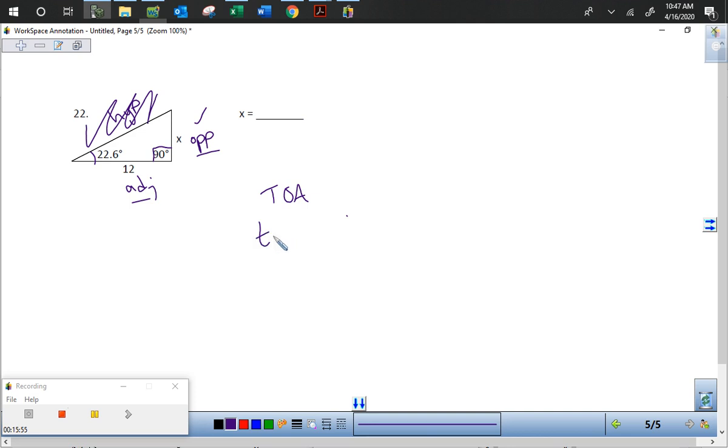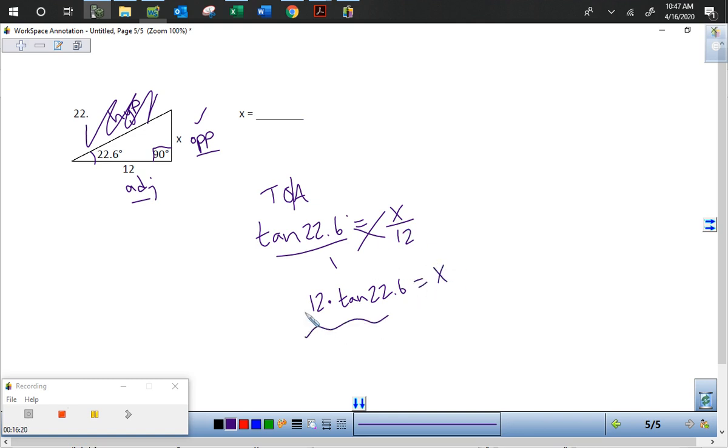So that's tangent of the angle, 22.6, equals O over A, so the opposite side was X, and the adjacent side was 12. Again, we're cross-multiplying to solve this thing. 12 times our tangent, 22.6, equals 1 times x is x. X is solved for. We just got to type that thing in.